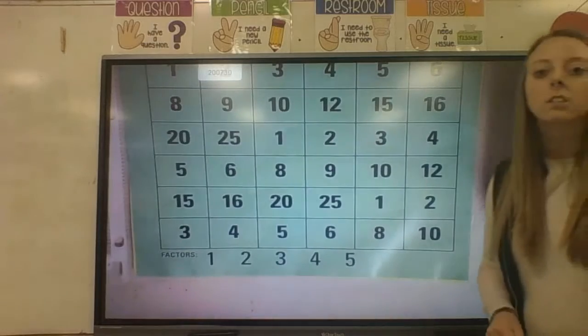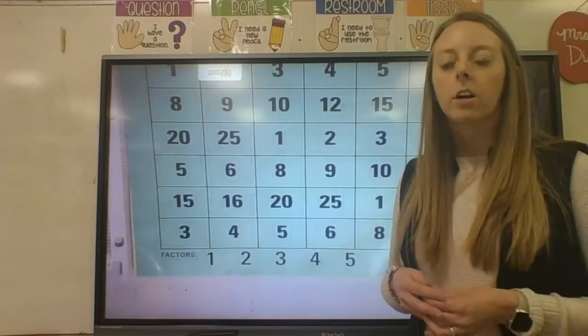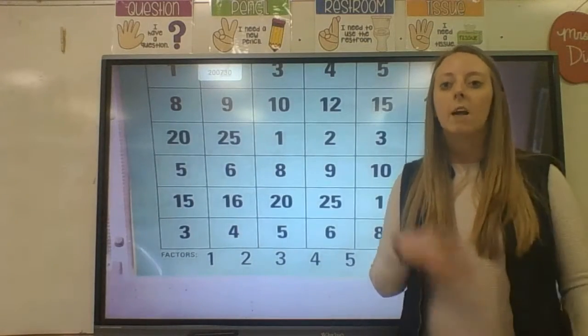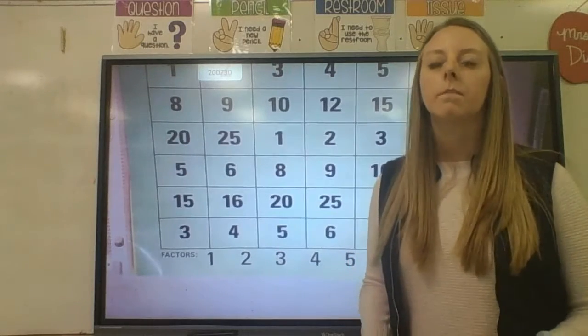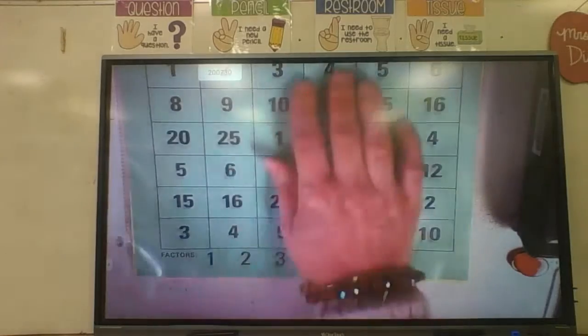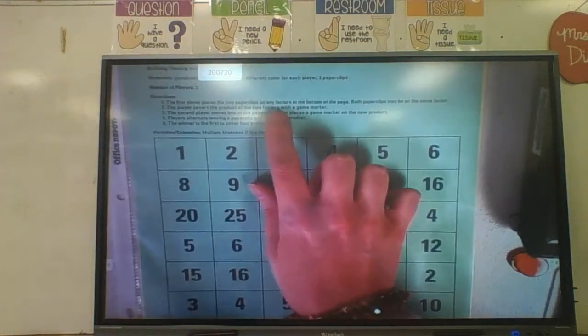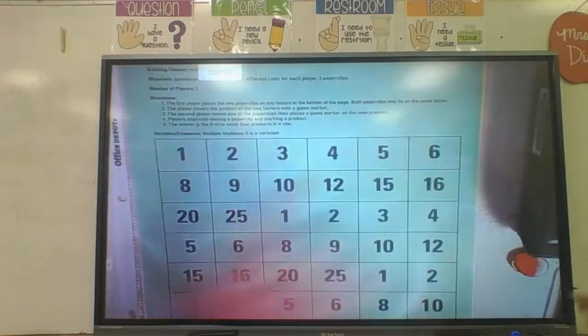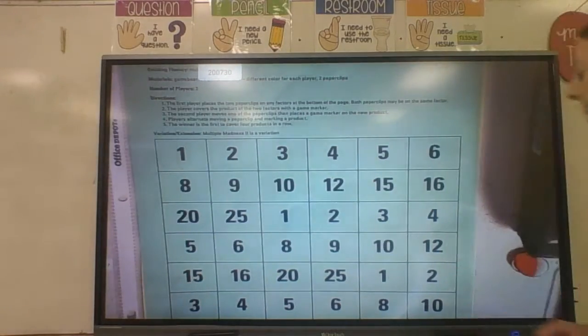Remember that factors are the numbers that you multiply together. So for example, if I did 3 times 4, my factors would be 3 and 4. It does say at the top that I can choose the same factor, but I'm going to choose 2 different ones this time.